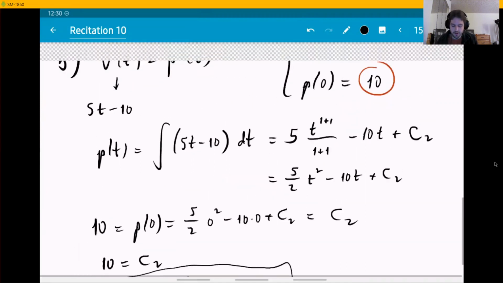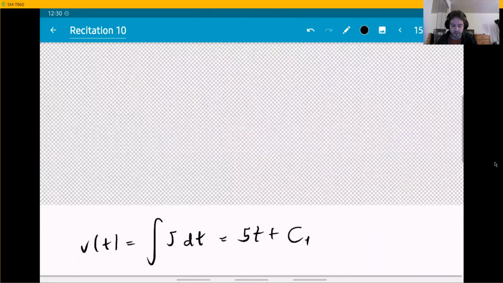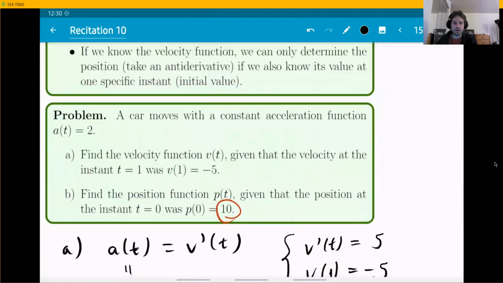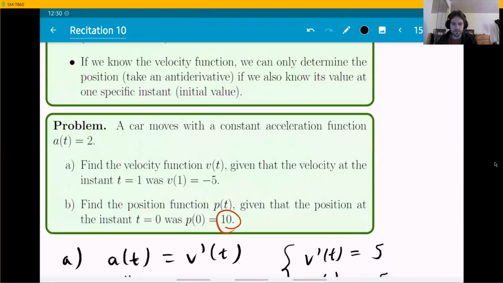Okay, so this was just to showcase what we have mentioned above. When you know a function which is a derivative, which is a rate of change, like acceleration, you can find the velocity up to some constant, and you need some initial value to determine that constant. This is what initial value problems are all about.